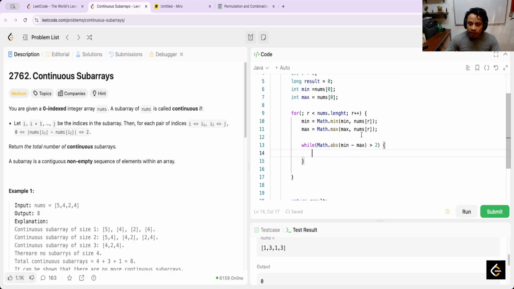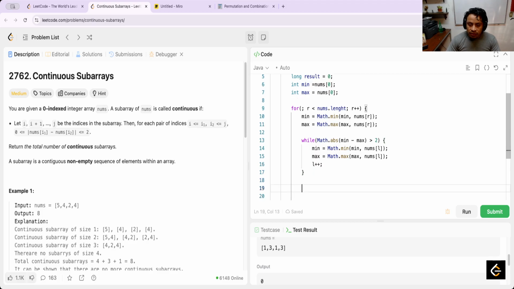Okay, meanwhile this is greater, I need to move, in this case both, but with the index L, and obviously L++, and only here result plus equal R less L plus 1.